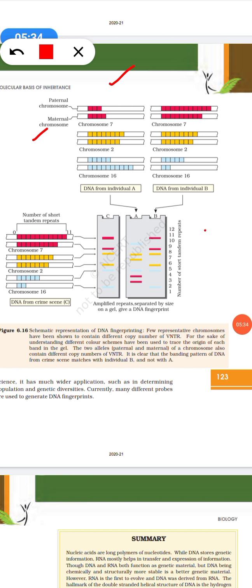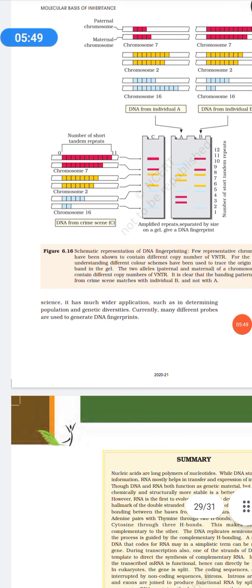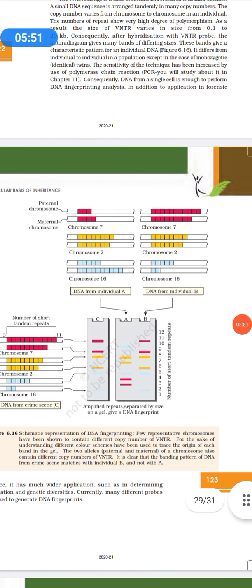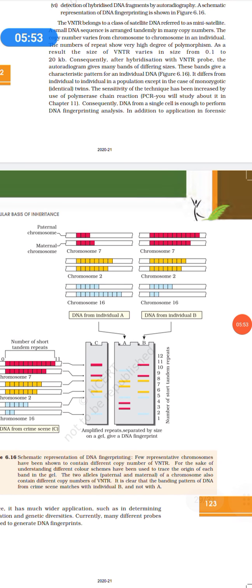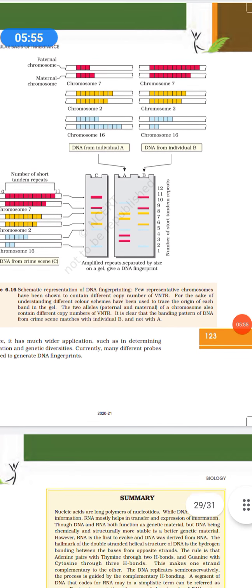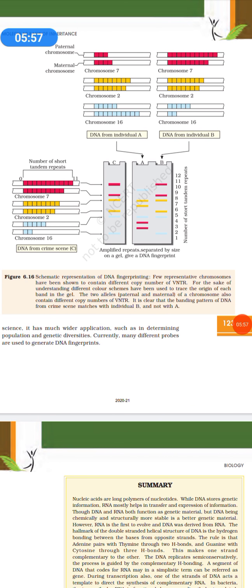Wherever we get more similarity, we say that person to be the father of the particular child.